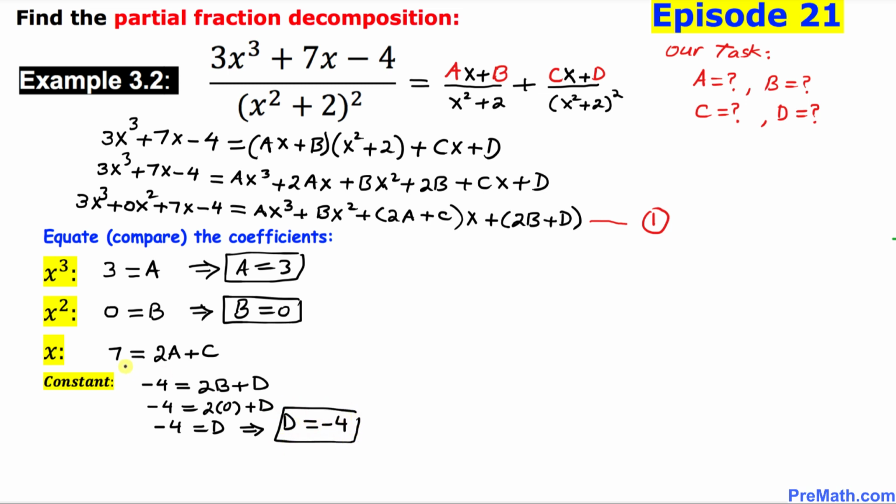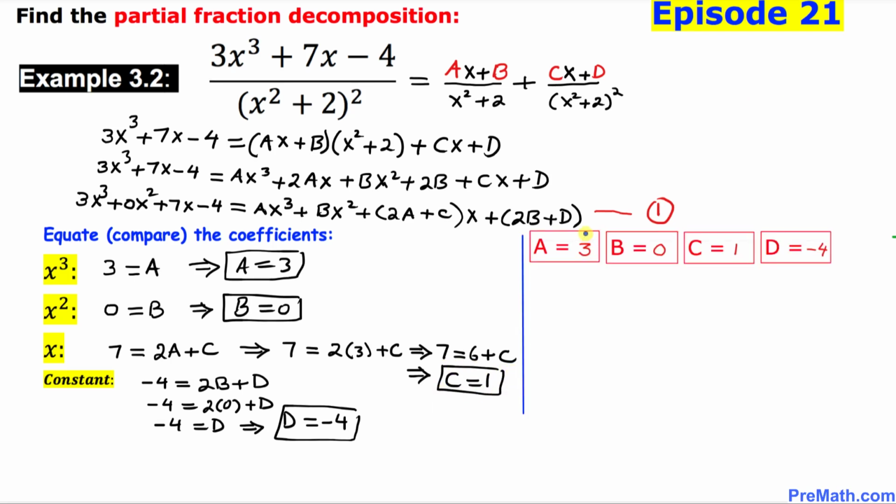And finally, let's focus on 7 equals 2a plus c. I can just simply replace a by 3, so 2 times 3 plus c means 7 equals 6 plus c, meaning the c value is just 1.